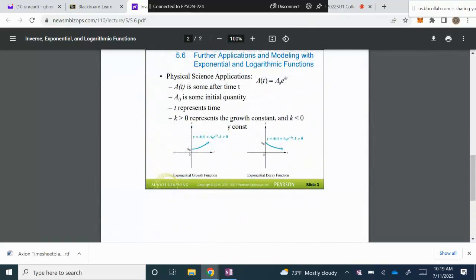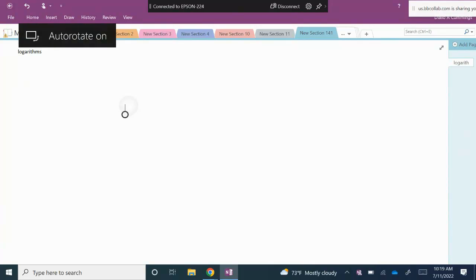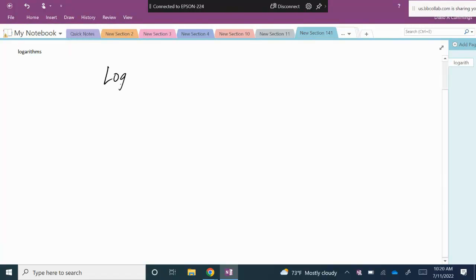Okay, I just thought there was some more information about logarithms. All right, so there is a relationship between a logarithm and an exponential equation, or an exponent.